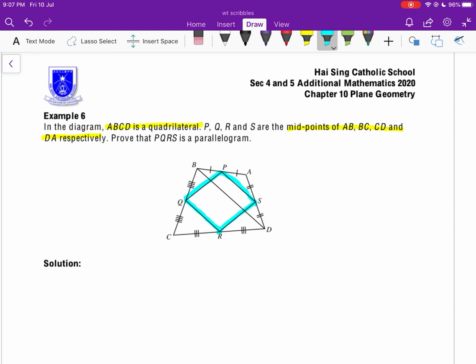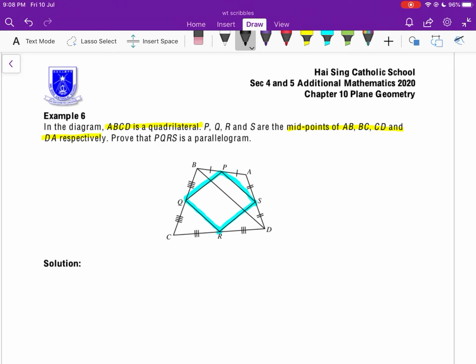So we are actually looking at this. Like they say, there is a midpoint involved in this. So since it is midpoint PQRS, we might need to consider the midpoint theorem in this case. So let us take a look at how to solve this question.